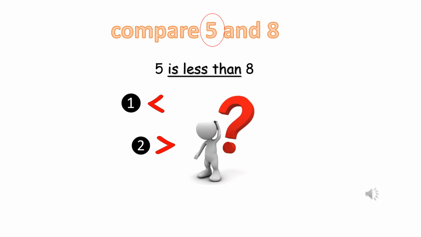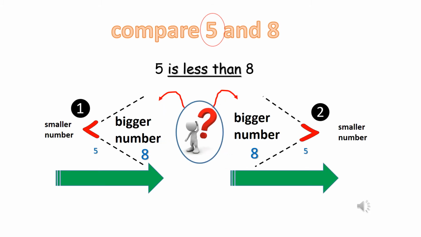So now back to our math problem. Compare 5 and 8. 5 is less than 8. So which number comes first? When we read from left to right, 5 is less than 8.